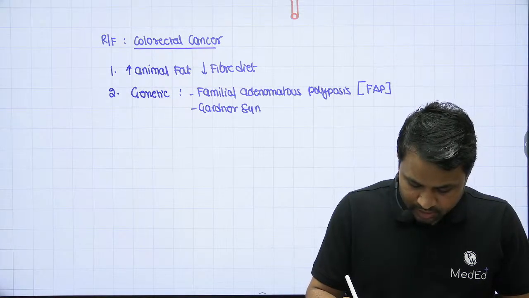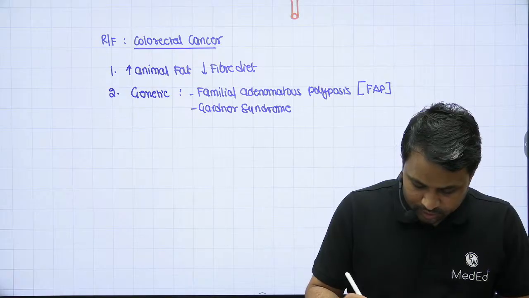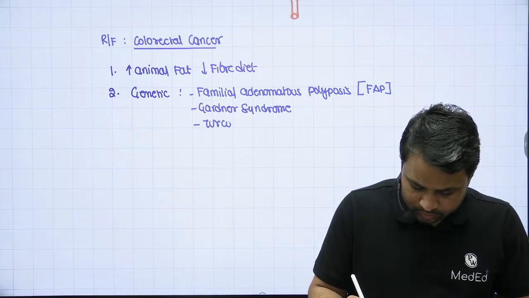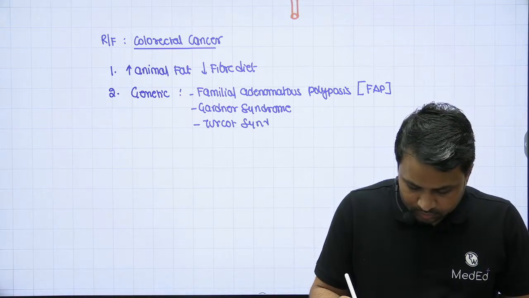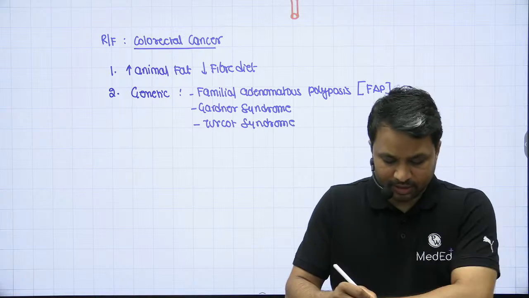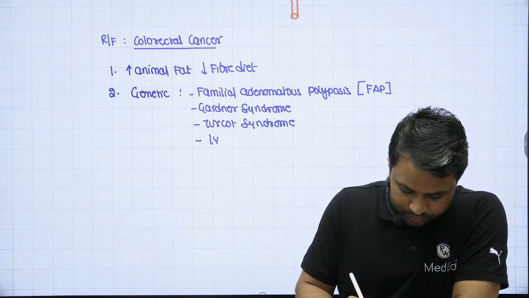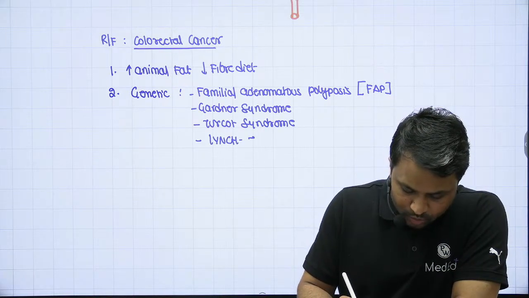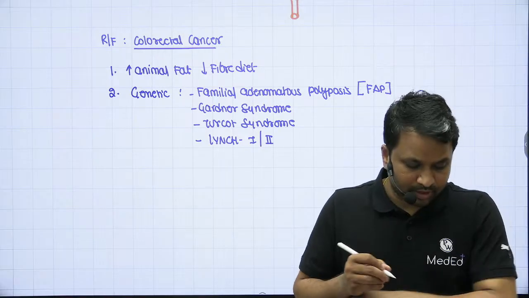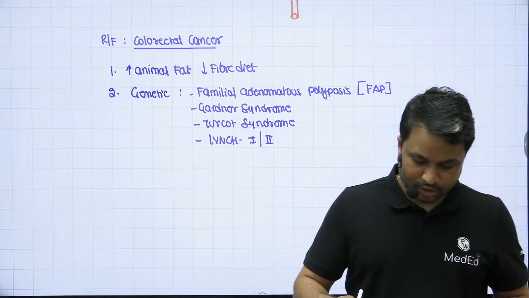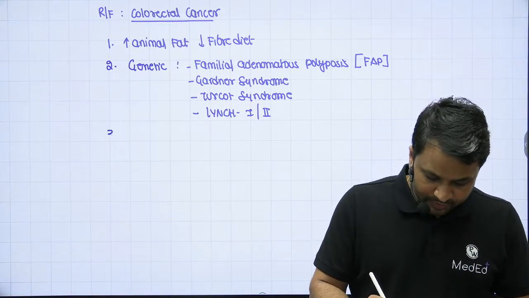You have Gardner syndrome, Turcot syndrome. Then you have Lynch syndrome, that is your Lynch 1 as well as your Lynch 2. These are genetic risk factors.